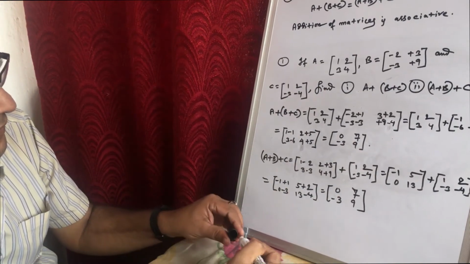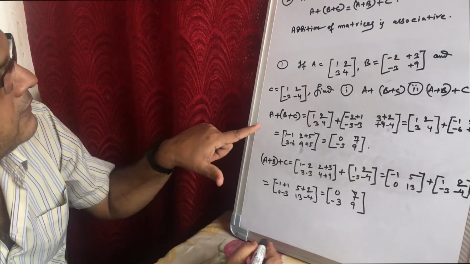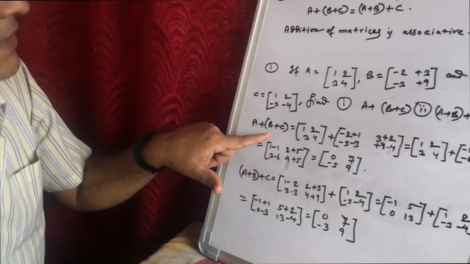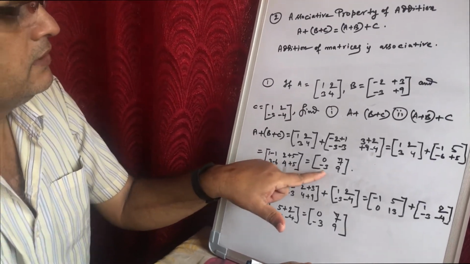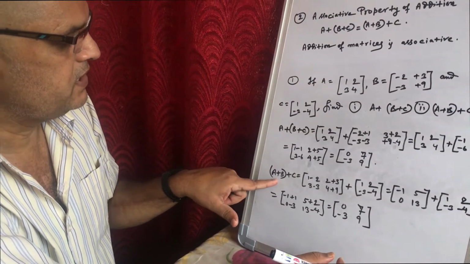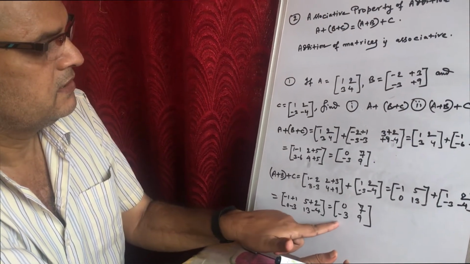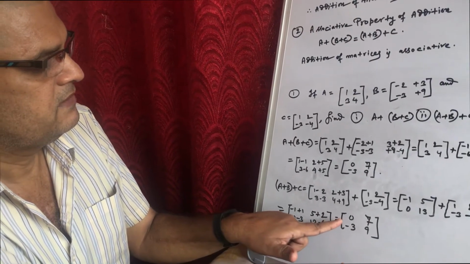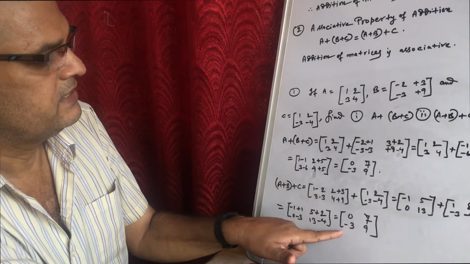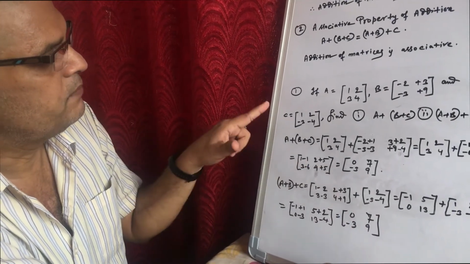Now see that the matrix A plus within bracket B plus C is equal to this matrix. Now within bracket A plus B plus C is this matrix. Its elements are 0, 7, minus 3, 9. So the two matrices are equal.